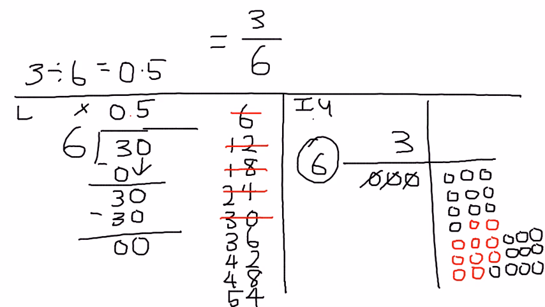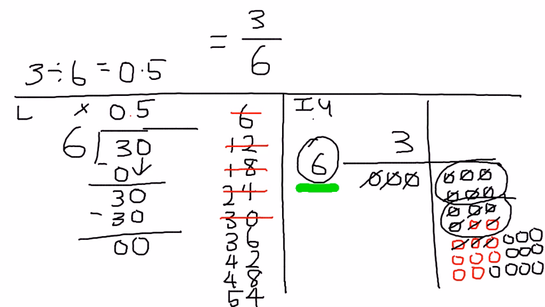Now all I have to do is to start circling them. So let's try to circle them. In groups of, that is right, in groups of 6. Okay, so 1, 2, 3, 4, 5, 6. One group. Another group.